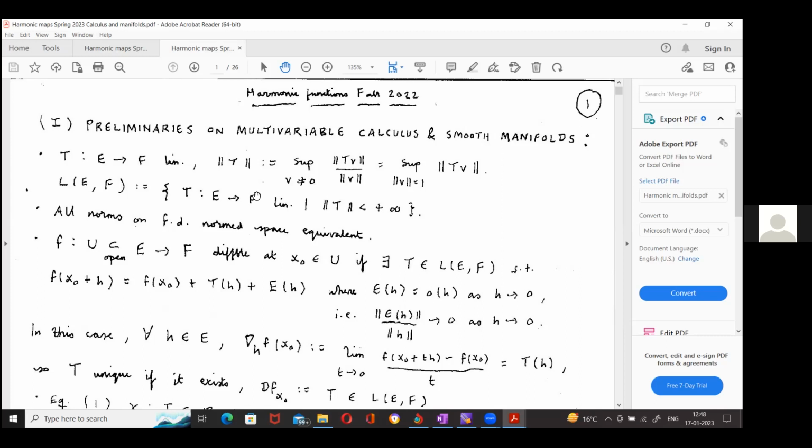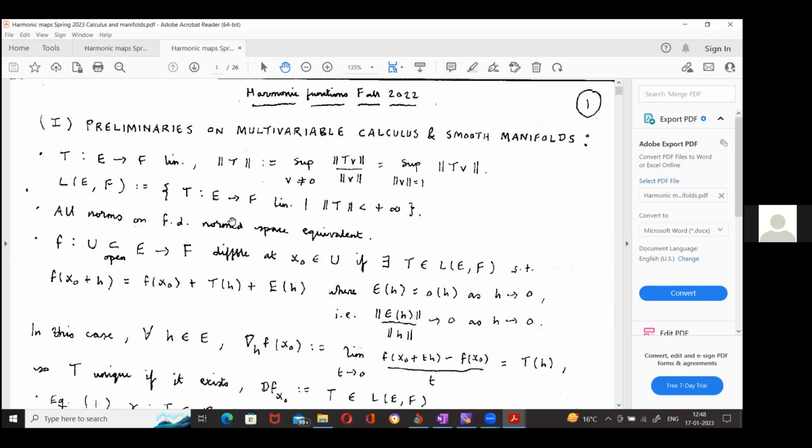That follows from a well-known fact, which I won't prove, that any two norms on a finite dimensional vector space are equivalent. That means that each is bounded by a positive constant times the other. So they give equivalent topologies on the vector space.